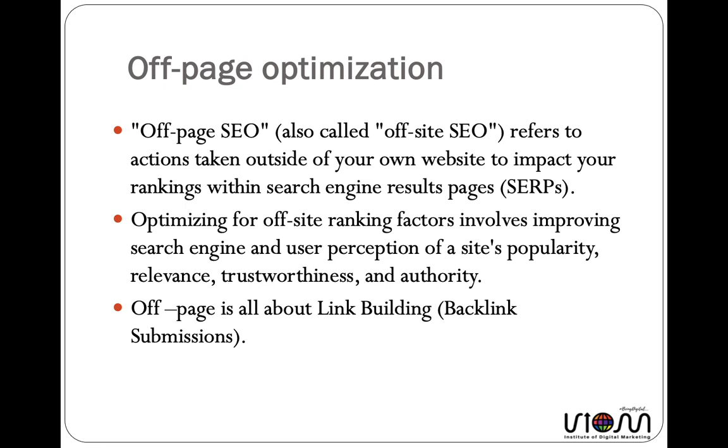Domain authority ranks from 0 to 100, where 100 is the best. Once you start creating backlinks for your own website, your domain authority will increase. And once your domain authority increases, Google will start giving priority to that particular website to rank on Google's first page. So that is why we do off page.